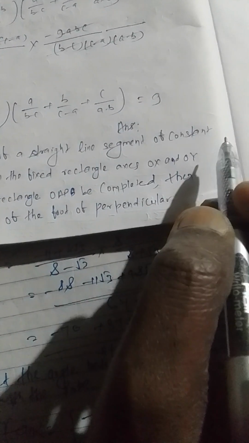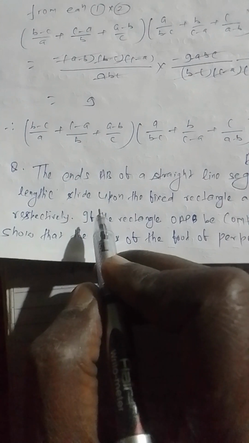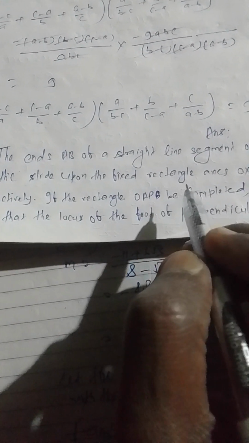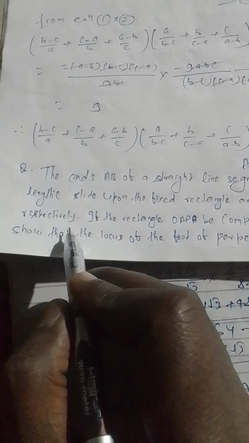AB of a straight line segment of constant length c slides upon the fixed rectangular axes OX and OY respectively.